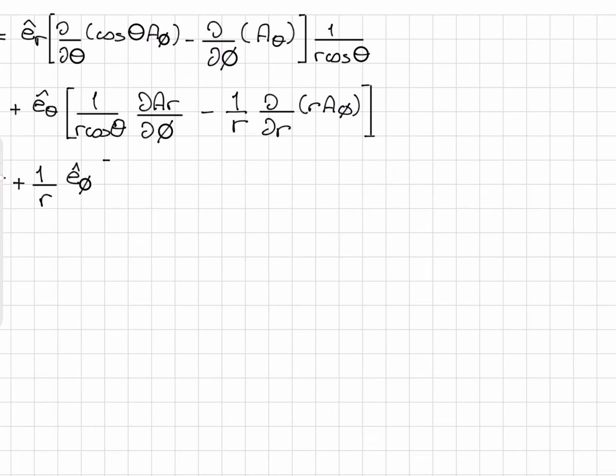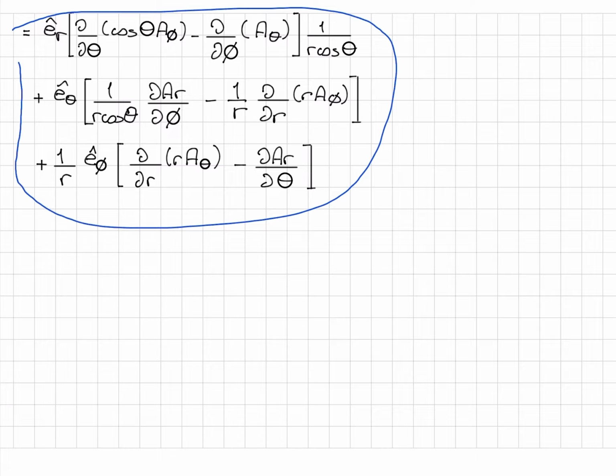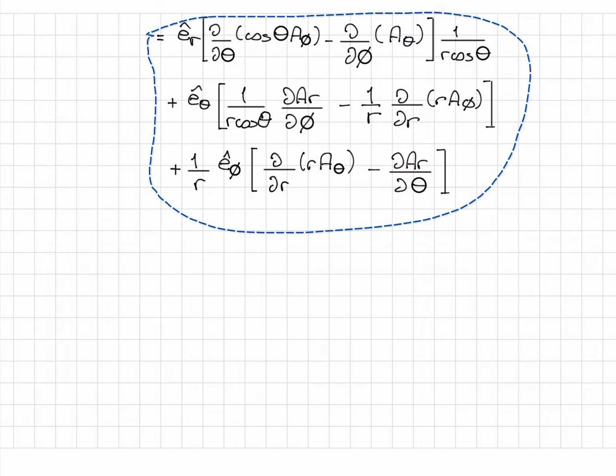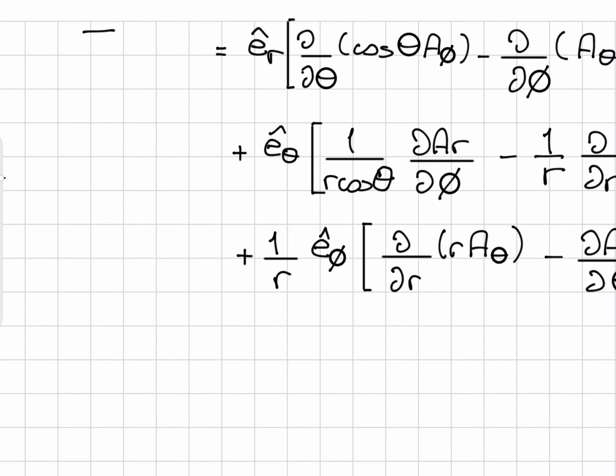And then I have an r derivative del del r of r a theta minus del ar del theta. So after these simplifications, basically, this is my final answer for curl of A written in toroidal coordinates.